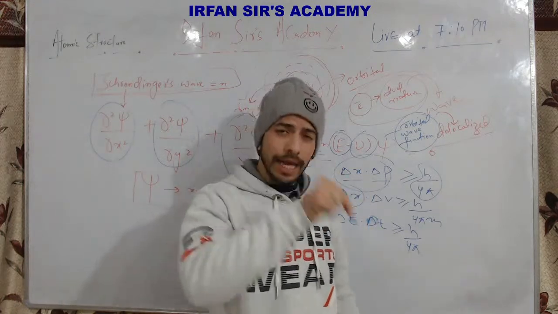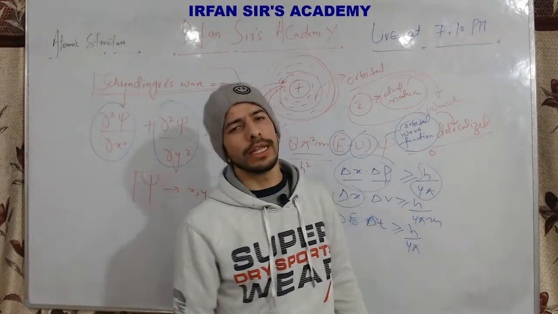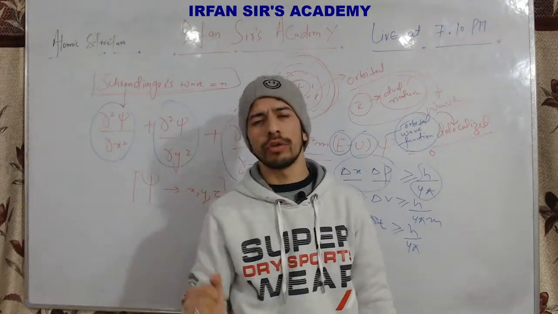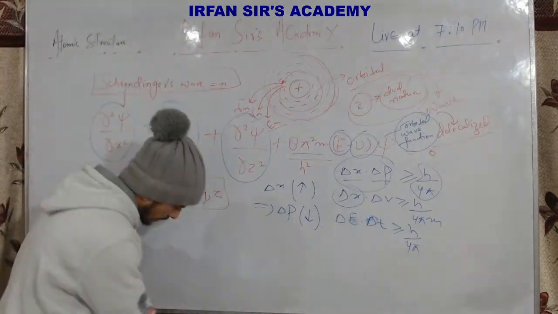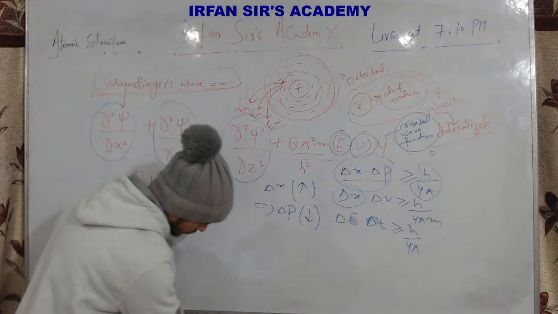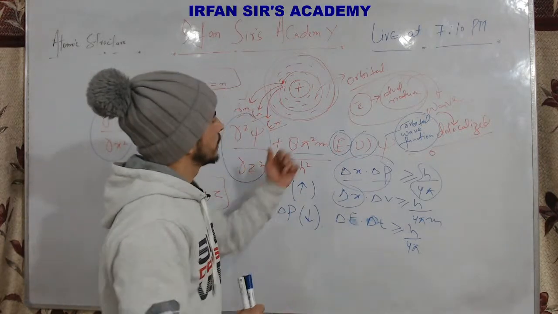The amplitude of that orbital gives the amplitude of the electron wave. That's denoted by psi. I hope it's clear to you. Okay, nice.